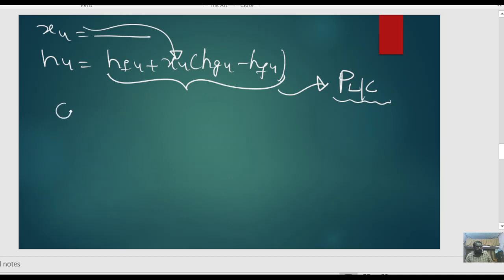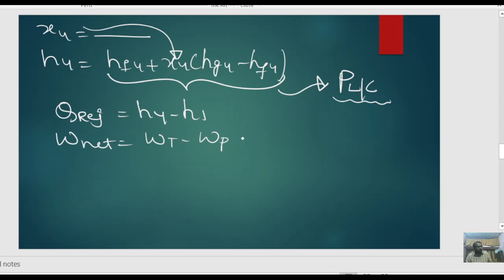Okay, the formula for heat rejection now is H4 minus H1. The net work is turbine work minus pump work. Okay, the efficiency formula is net work divided by heat supplied.